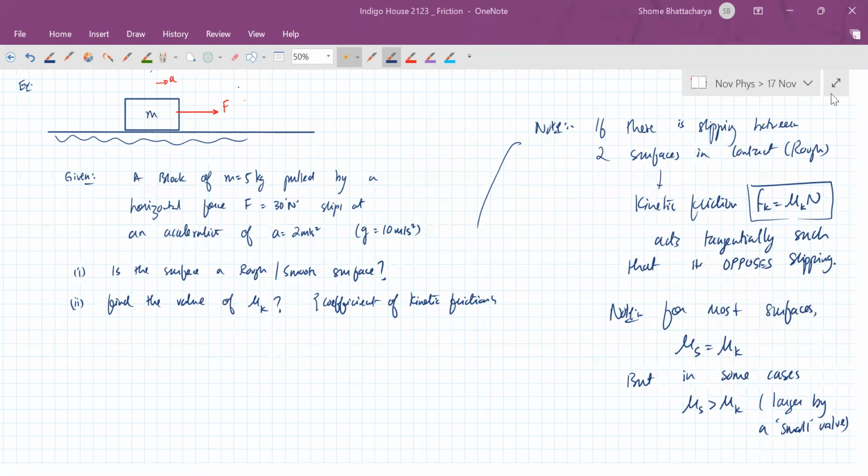So what you can see here is that the acceleration of the block is 2 meters per second square. You can see it is less than the amount of force we are applying, I mean less than force divided by mass, because we are applying a force of 30 newtons.